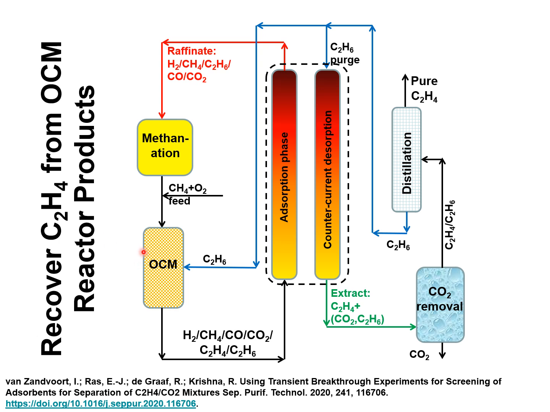In the process for oxidative coupling of methane, OCM, involving reaction of methane with oxygen under high temperatures, the reactor effluent consists of a mixture of hydrogen, methane, carbon monoxide, carbon dioxide, ethene, and ethane.